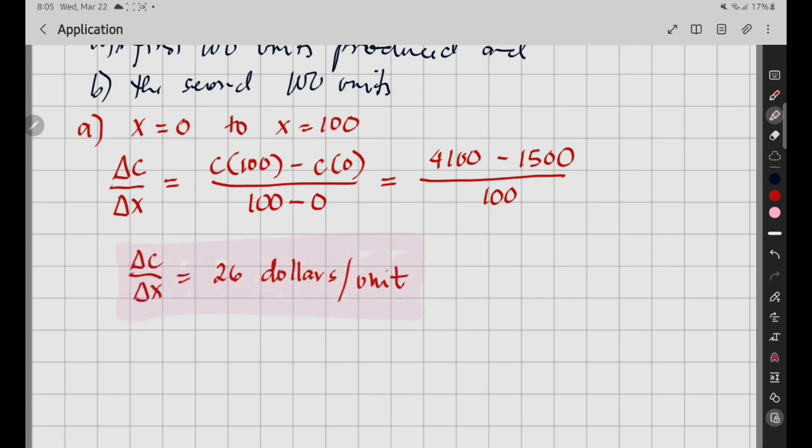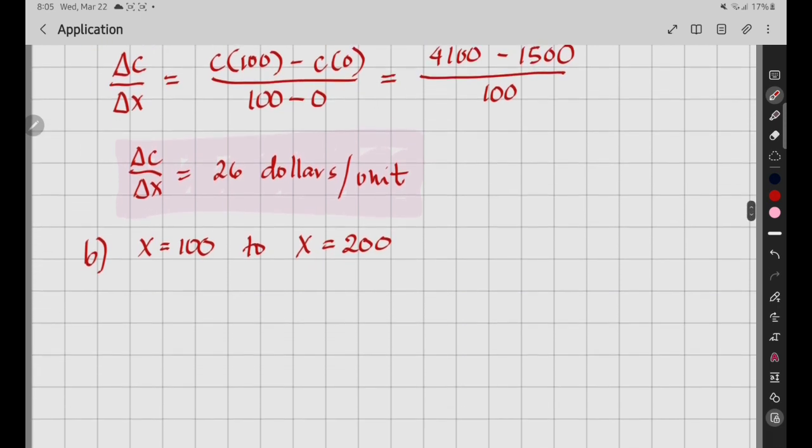Okay, now for the letter B, the second 100, so that would mean from after we produce the first 100 to the 200th product.